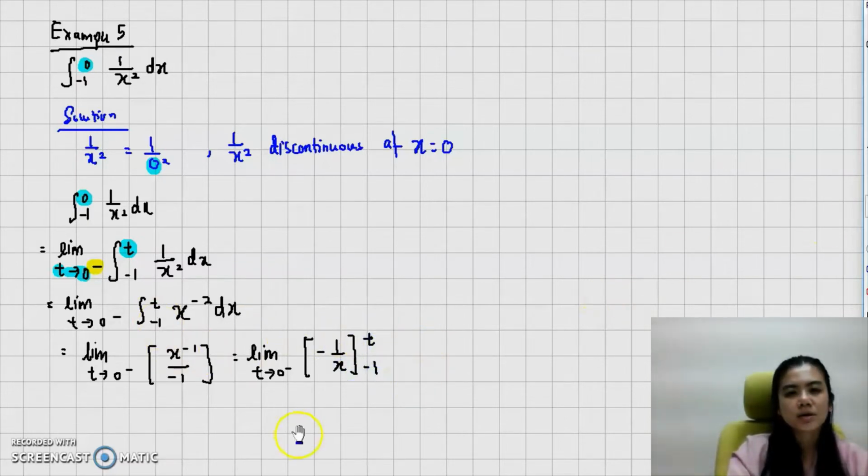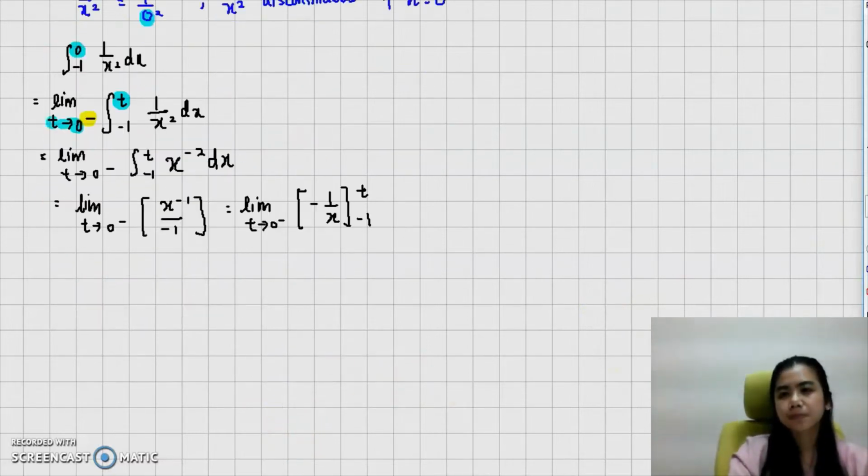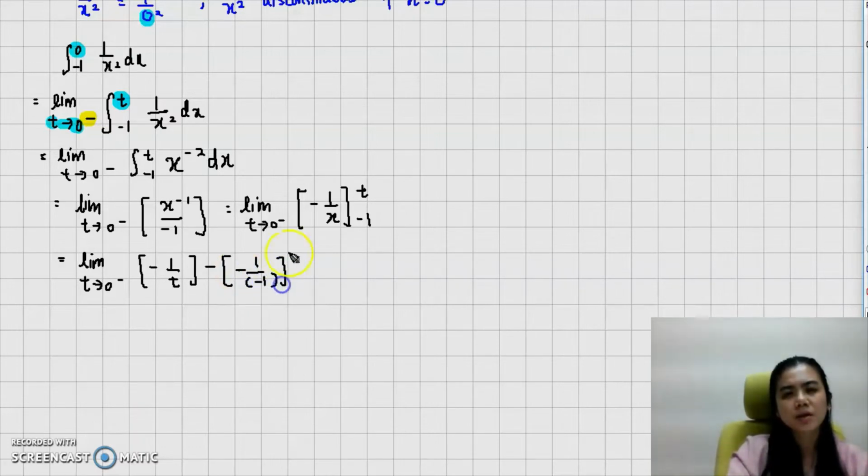Let's sub the t into the equation. Now we will have minus 1 over t, minus, minus 1 over minus 1. We just do the substitution, we did not do anything else.